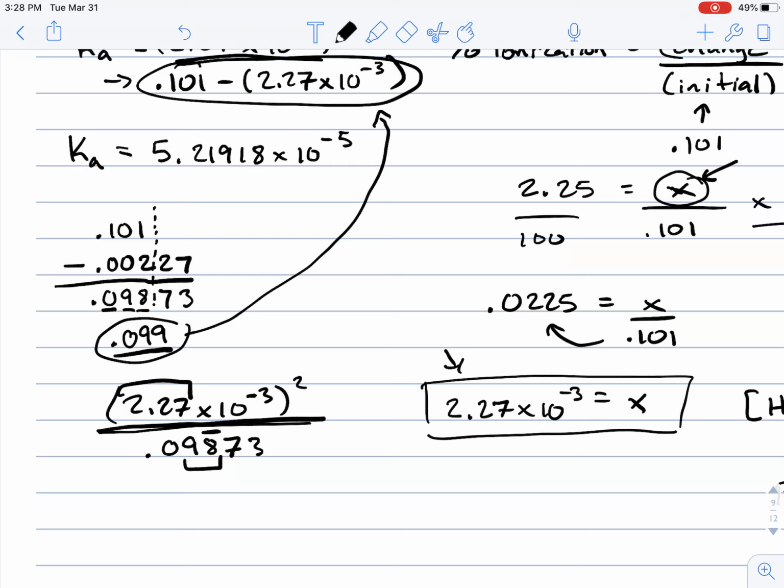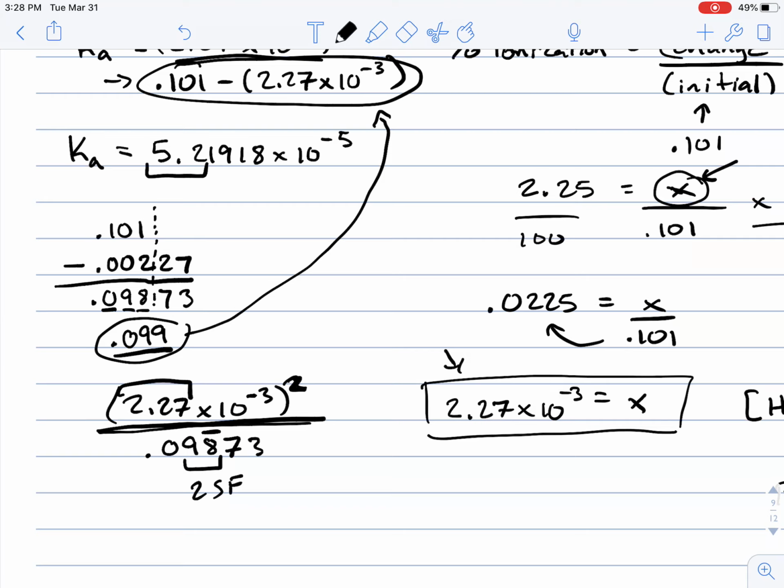And here we have 3 sig figs in our numerator. When you're squaring something, you're just multiplying that number by itself. So it's like 2.27 times 10 to the negative 3 times 2.27 times 10 to the negative 3. So that's still 3 sig figs in both scenarios. And so it looks like 2 sig figs is the least. In our final answer, we're going to keep the first two digits.